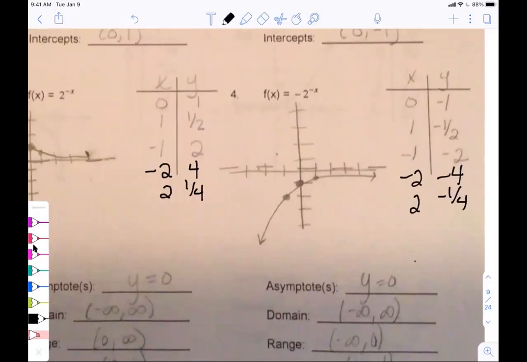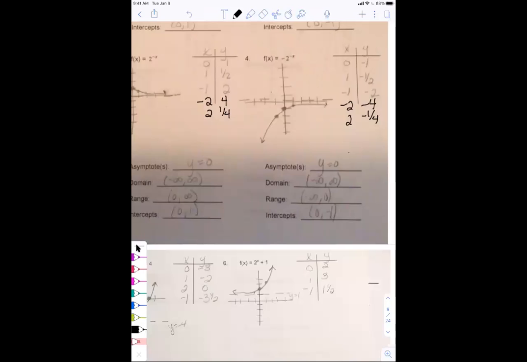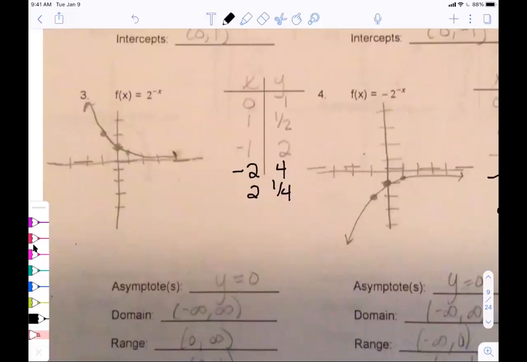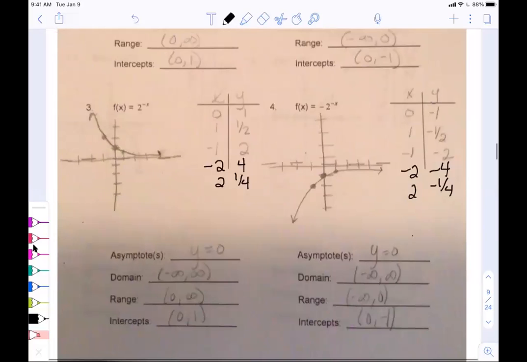So the goal of the first 4 problems here was looking at the negative and understanding how a negative affects the graph of the exponential function. So the base is changing the y, but the exponent is changing the x values. Does anybody have questions on those 4 problems?